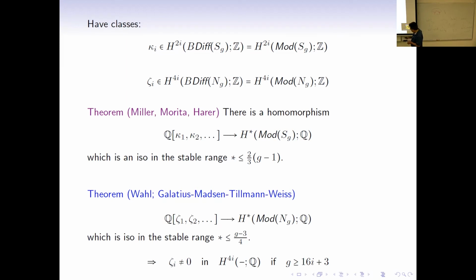So there's a map from the polynomial algebra on the zeta_i's to the cohomology of the mapping class group that is an isomorphism in this stable range. Since the zeta_i's live in dimension 4i, this means that they are not going to be zero in cohomology if the genus is at least 16i plus 3.